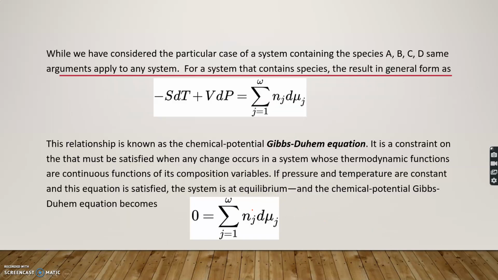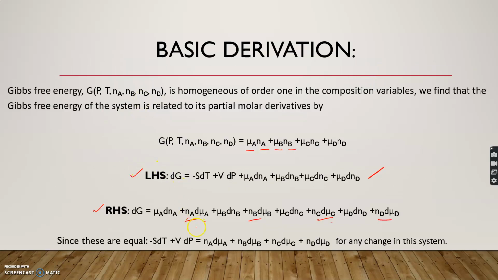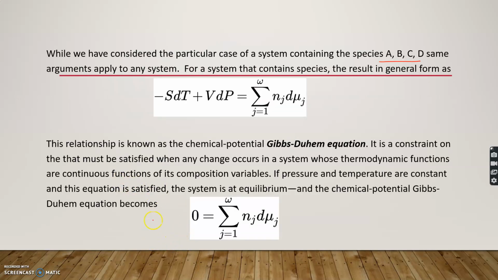Correct? Okay. Now, we have considered the particular case of a system containing A, B, C, D, but this relation will hold true for any system containing any number of species. So we can generalize the equation in the form of minus S dT plus V dP is equal to the sum over j equal to 1 to omega of nj d mu j.